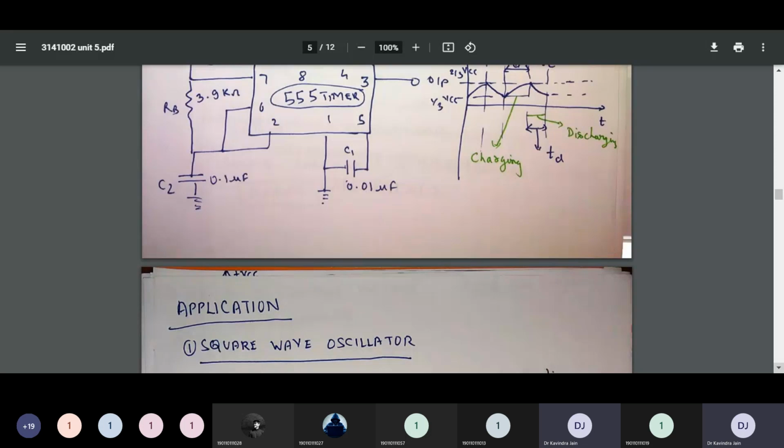And it is given as TC equals 0.69 (RA plus RB). I repeat, TC means the charging time. The charging time is equal to 0.69 (RA plus RB) multiplied by C.